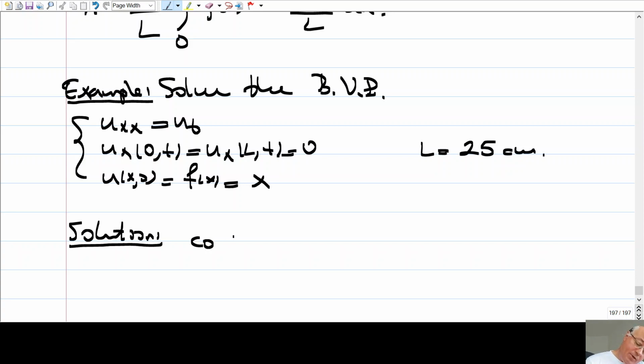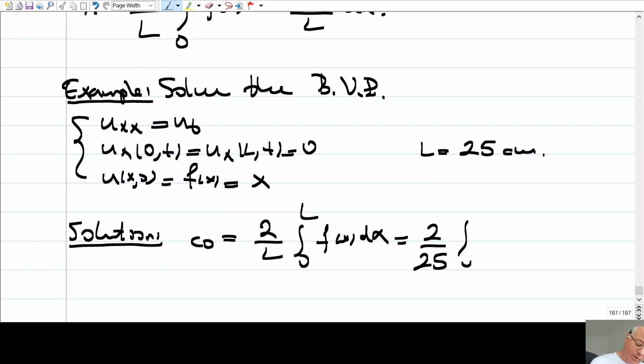Okay, what is C0? It is 2 over L, integral from 0 to L of f of x dx. So it is 2 over 25, integral from 0 to 25 of x dx.